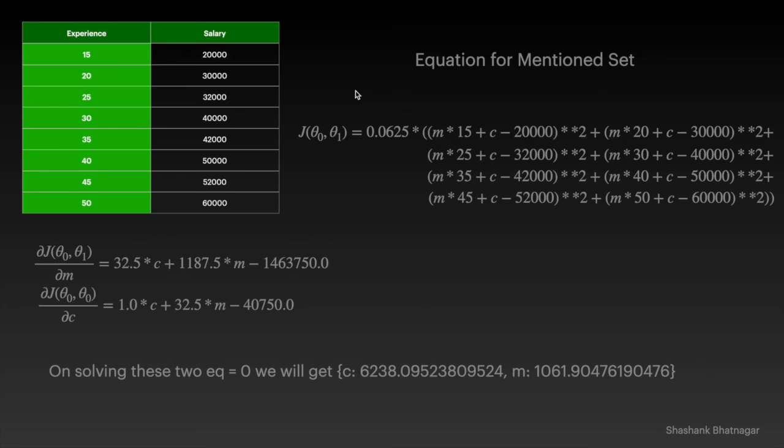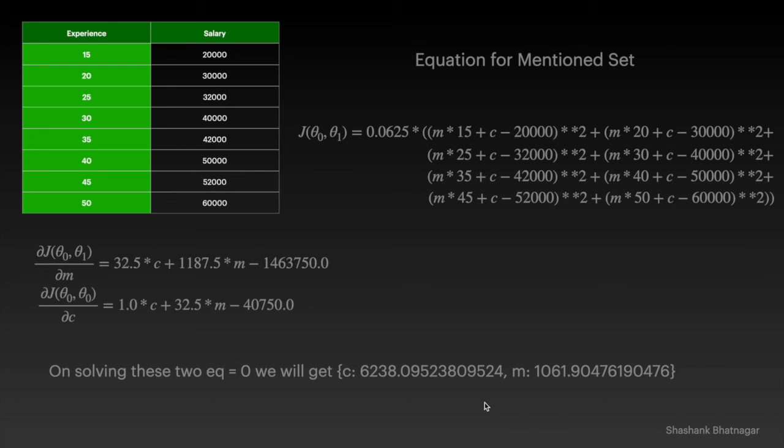So J of theta naught, theta 1, we have written in this form. When we take the partial derivative of the cost function with respect to m, we will get this equation. And when we take the partial derivative of the cost function with respect to c, we will get this equation. When we solve these two equations, we will get these values for the best fit line, where c equals 6238.0 and m equals 1.0661.990.